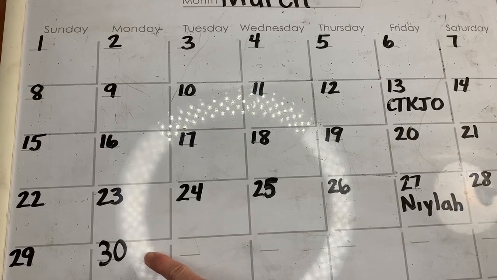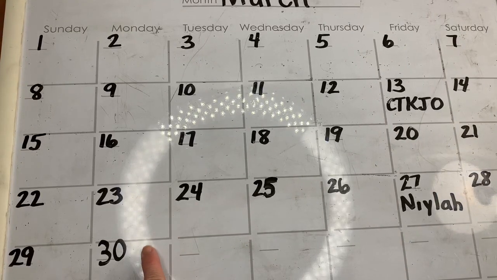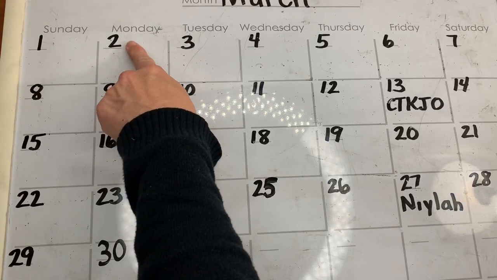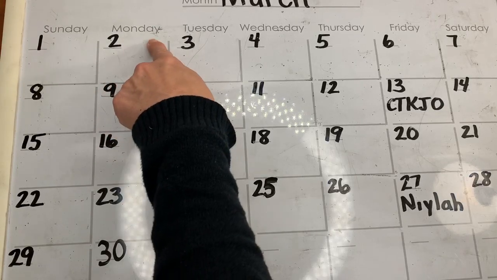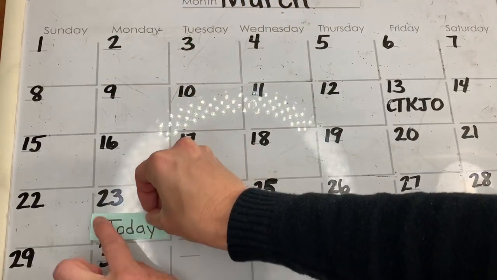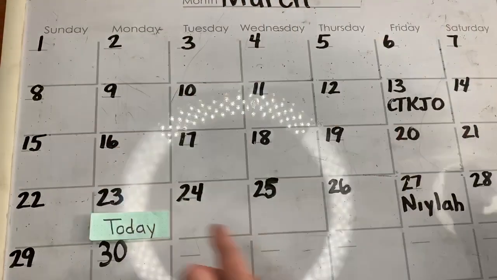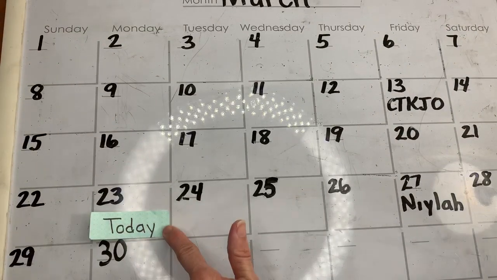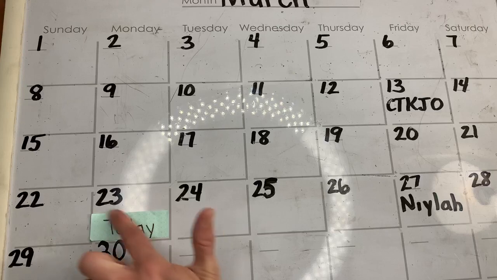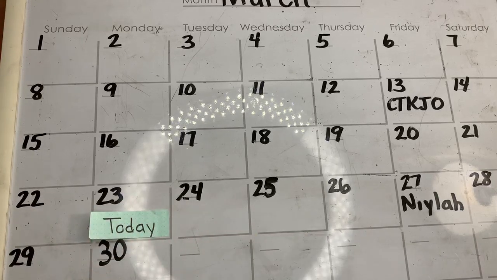Here we just wrote number 30 for today, so let's make an elevator up. Ding! Today is Monday. Let's put today above today, just like we do with the pockets in the classroom. Today, all right, so the day that happened, let's make a sandwich. What happened right before today?